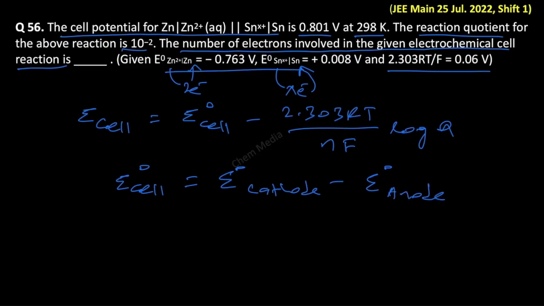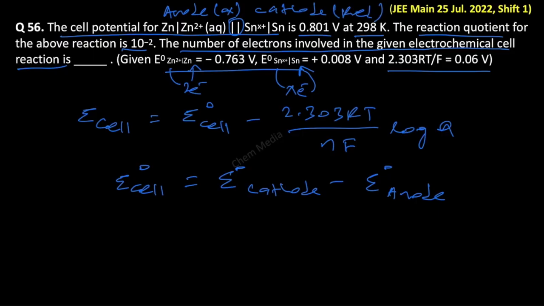Now here, which one is anode, which one is cathode? Obviously whatever is on the left hand side of the salt bridge is the anode. Zinc is losing 2 electrons and becoming zinc 2 plus. Whatever be the cell, it is always anodic oxidation and cathodic reduction. Here tin X plus is gaining X number of electrons and becoming tin, so that is reduction.